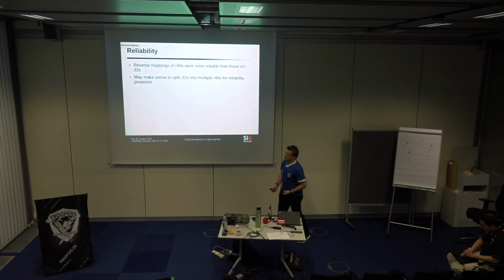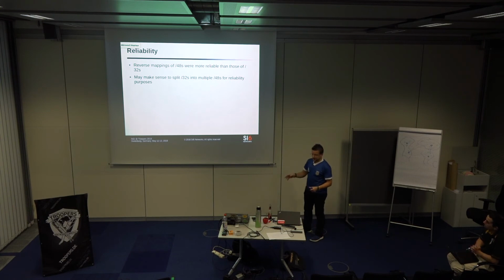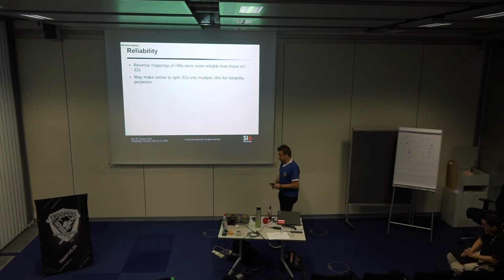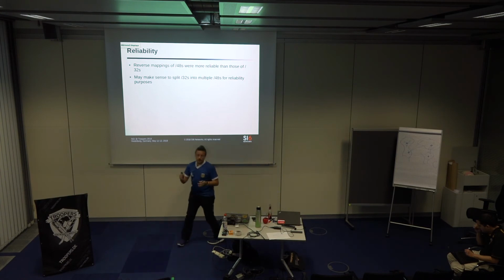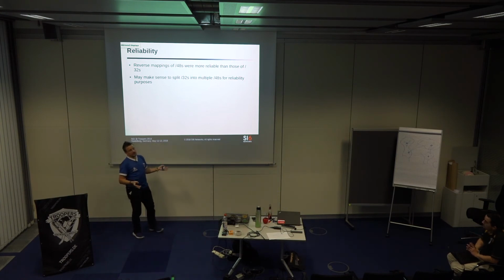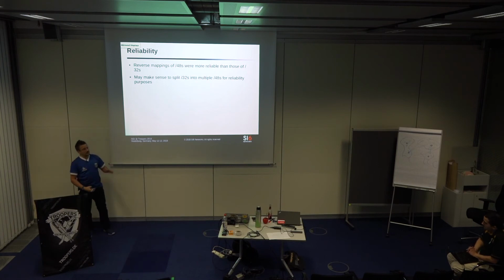Another thing that I got as a conclusion from some of the tests that I did, without actually inspecting much the reason for which the things were happening: in my experience, when you are trying to map a network with DNS reverse mappings, if you do the reverse mapping with a /32, in many cases it fails.